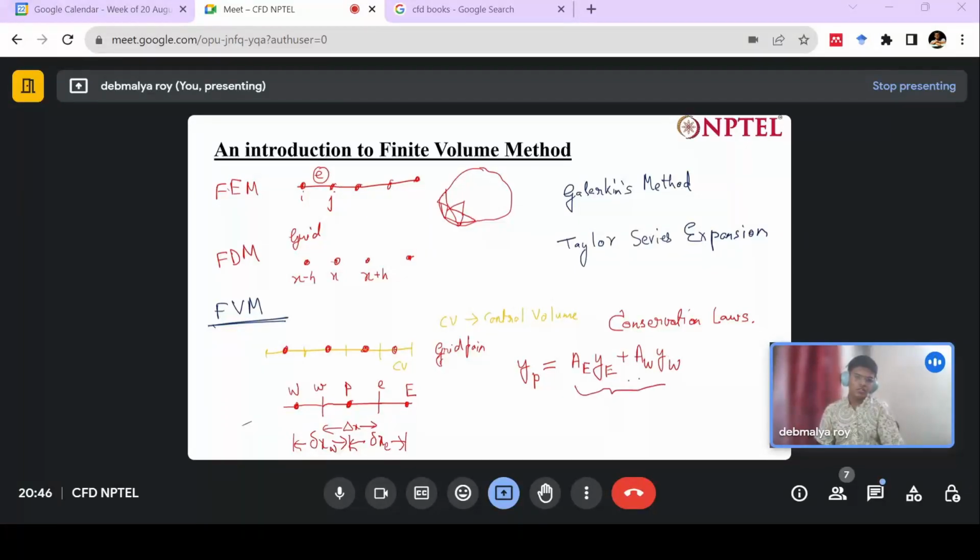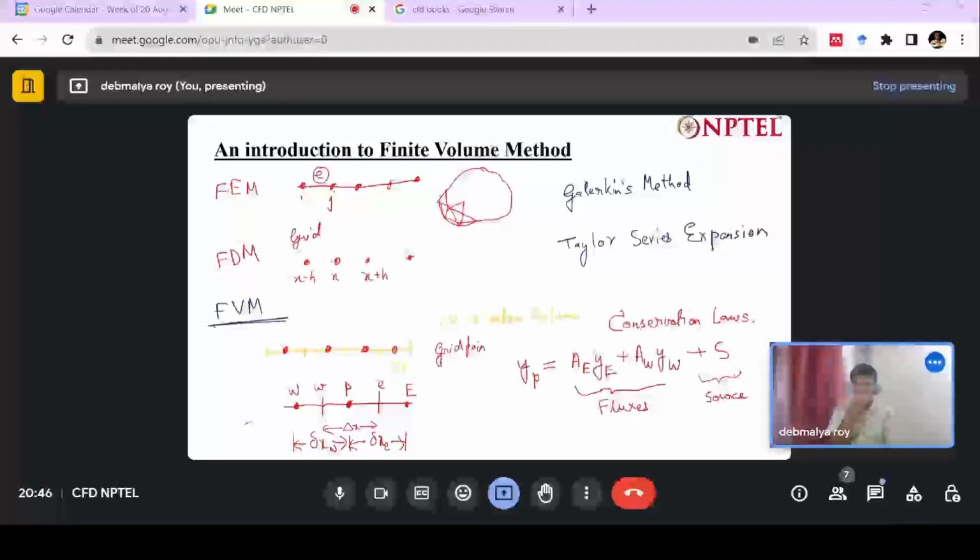These are fluxes, plus some S, which is the source. So something like a body or generation term. S is some heat generation or reaction mass generation, or it might also be body forces in momentum type scenarios.